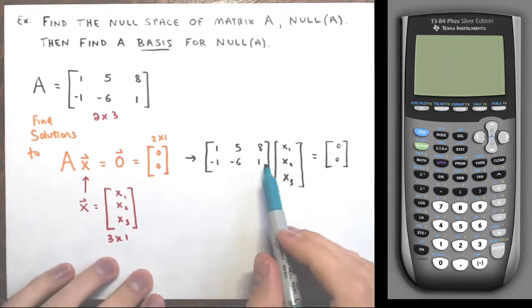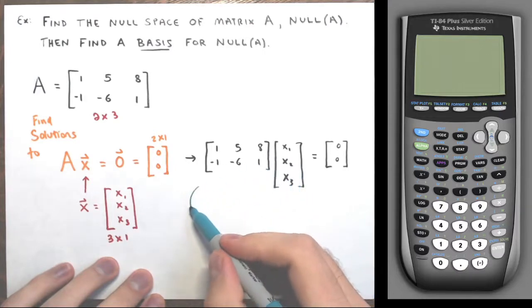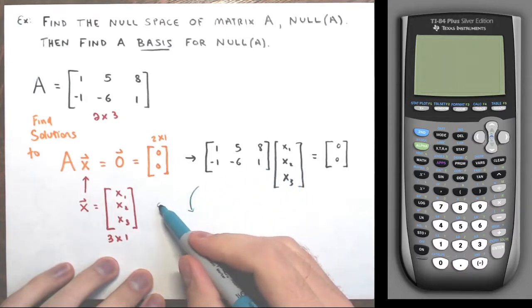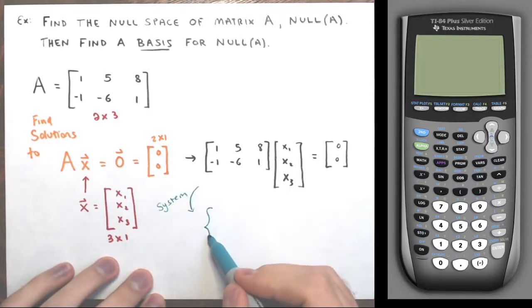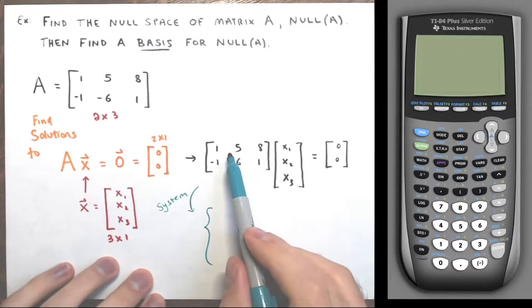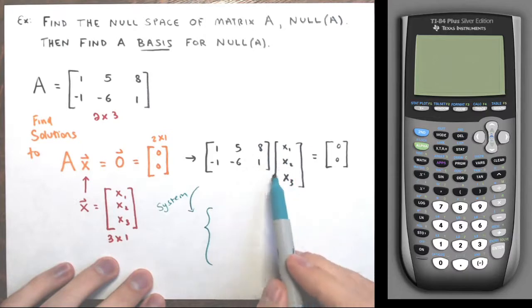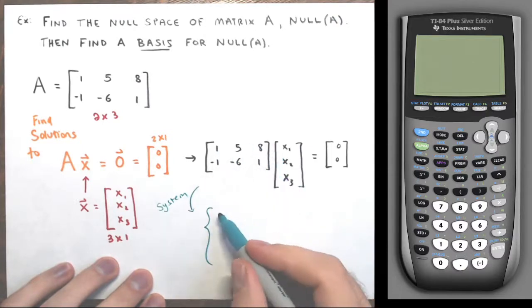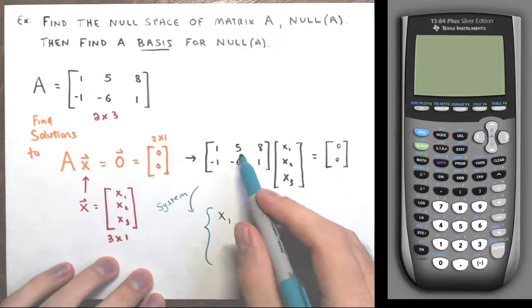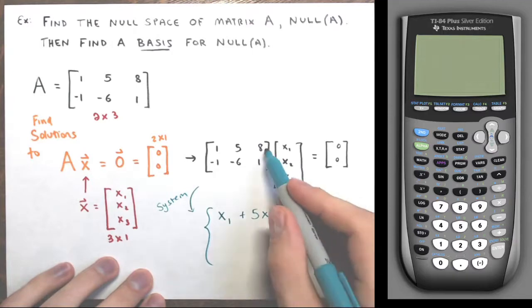When you have a matrix equation like this, this corresponds to a system of linear equations, and it would be the following system. If I perform the matrix multiplication here, a 2 by 3 times a 3 by 1, the left side would give me a 2 by 1, where the first component would be 1x1 plus 5x2 and then plus 8x3.